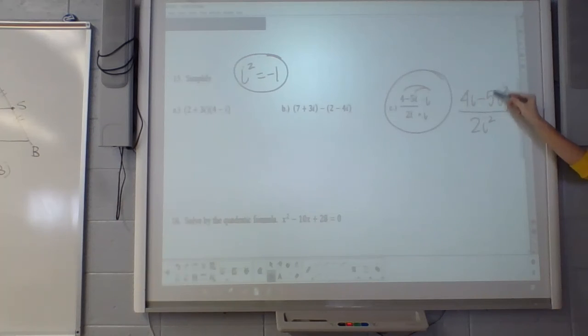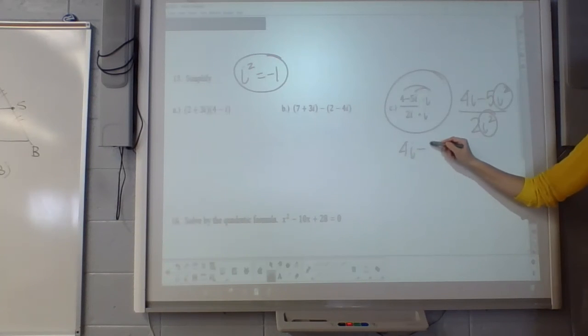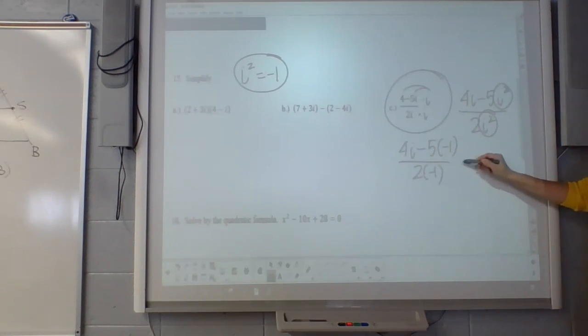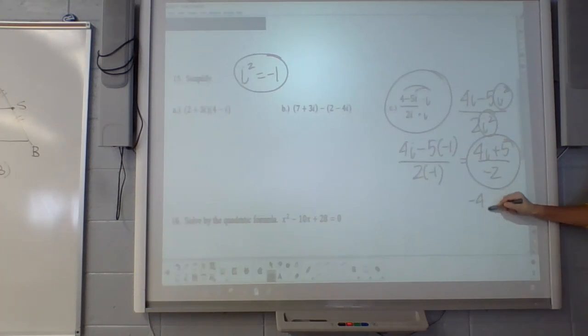And anywhere I see i squared, I'm going to make that negative 1. And you can just leave it with a negative on the bottom. Otherwise, if you multiply by a negative 2i or something like that and it ends up positive, you could also have it written this way.